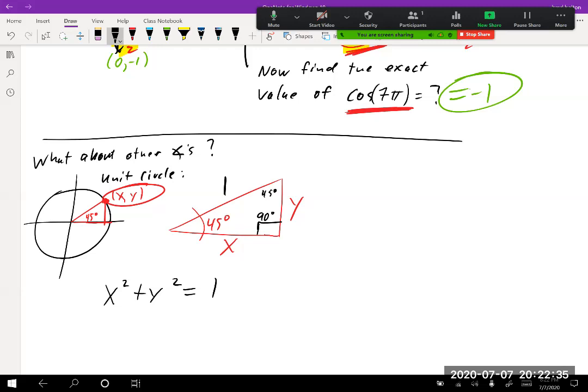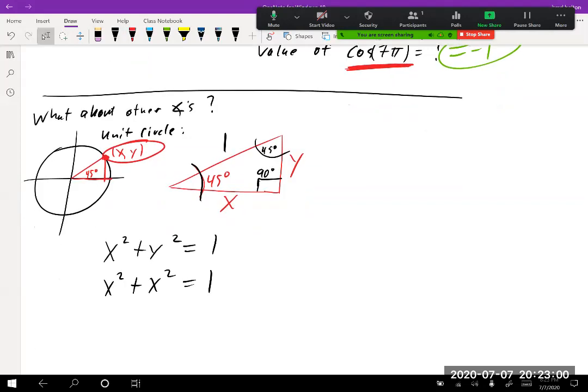So now here's the thing. We now know that x has to be y, because if this is 45 degrees and this is 45 degrees, then the side lengths across them have to be the same if you're dealing with a triangle. So we're going to come up with x squared plus y squared. Oops, I'm going to change y squared to also be x squared, because I could have made everything y squared.